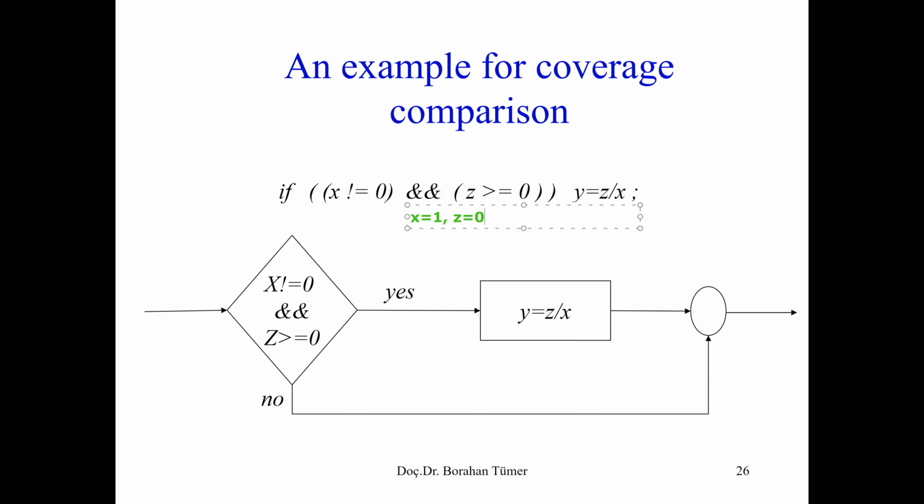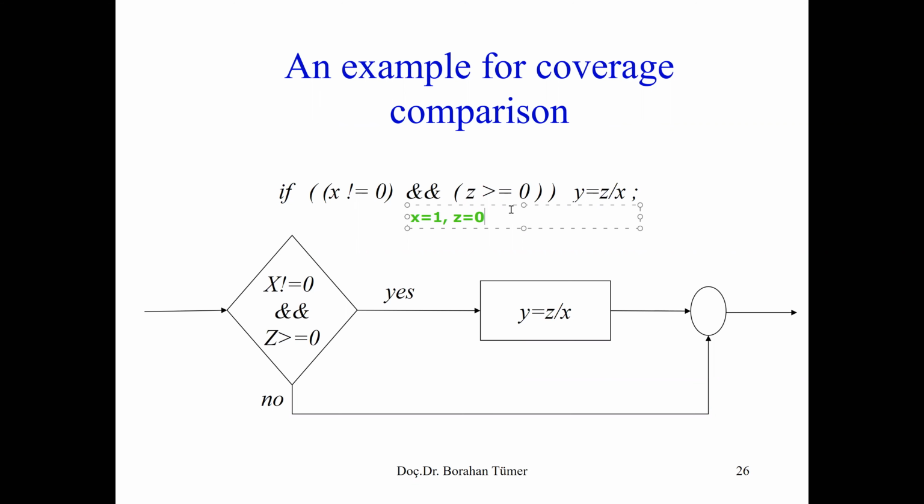Anything which makes both predicates true is fine with us. This is an example test case, and the minimum number of test cases is 1. Do you have any questions on that? If you have any questions, please let me know from the chat panel.